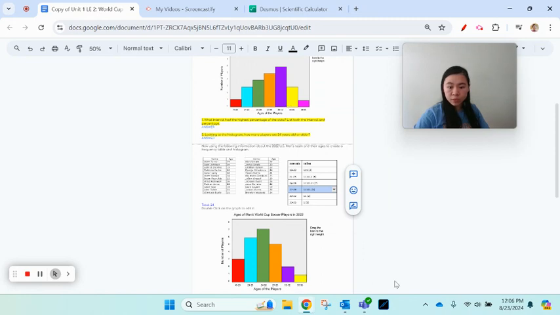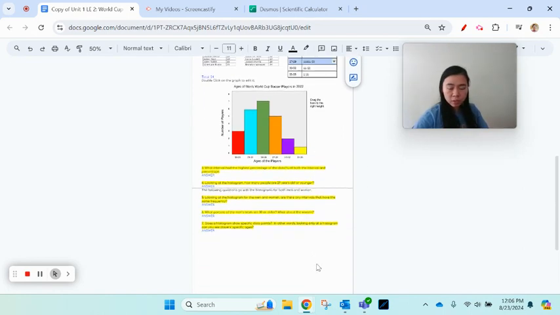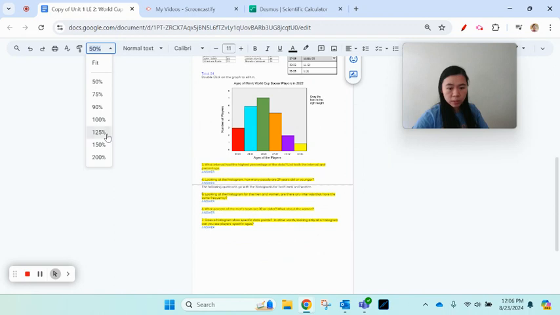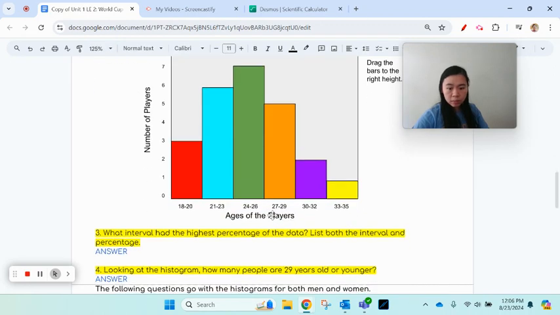Purple's definitely different. Yellow is different. Oh, and I just realized now that the women's team has a 36 to 38 years old, and the men's team doesn't even have that bin. Okay, so there is one interval that was the same between the two, and that is between 27 and 29 years old. Both teams have 5 players.